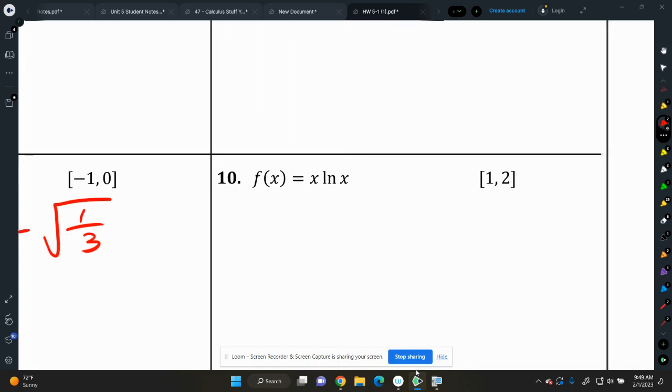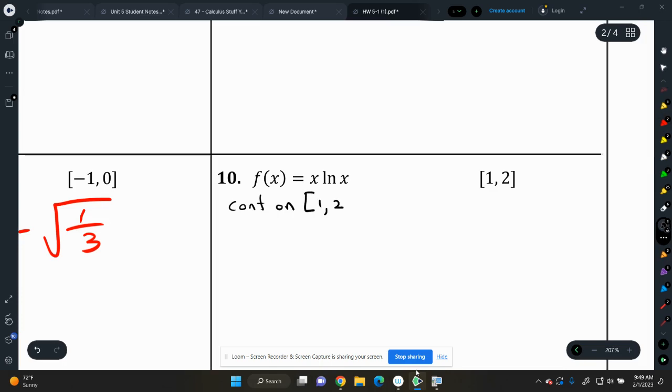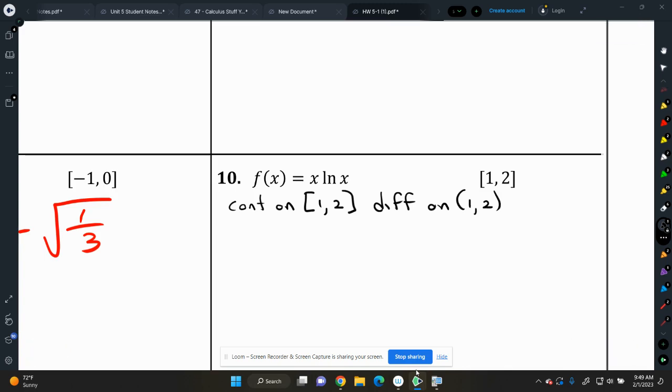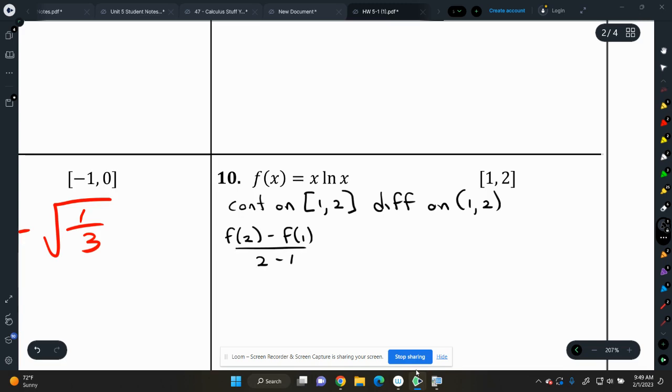So it is continuous, right? It's continuous on closed interval 1, 2, and it's differentiable on the open interval 1, 2. Okay. F of 2 minus f of 1 over 2 minus 1.